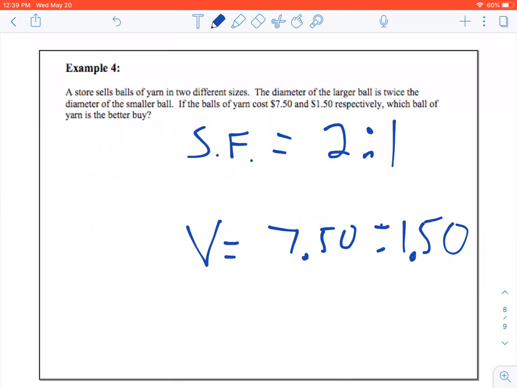Now, I cannot directly relate ratios of a scale factor to ratio of a volume. I need to take my ratio and make it a ratio of volume. 2 cubed is 8. 1 cubed is, well, that's still 1. So the ratio of my volumes is 8 to 1. The price is $7.50 to $1.50.